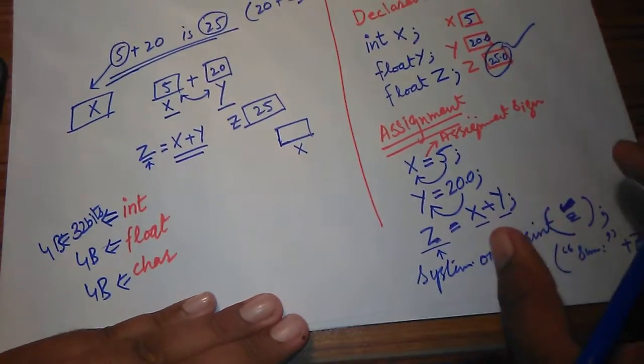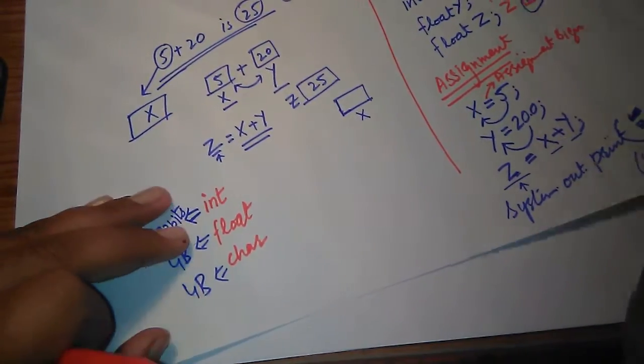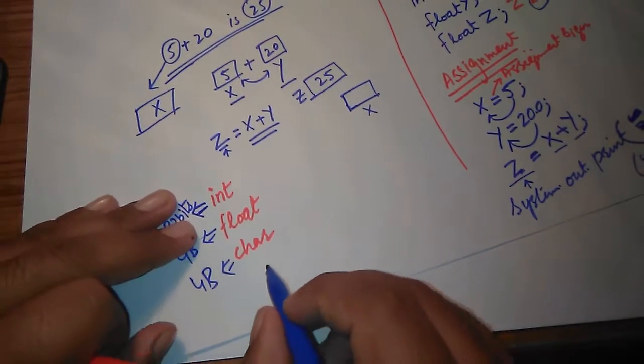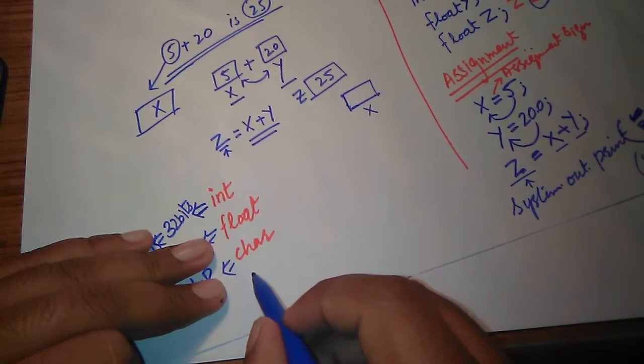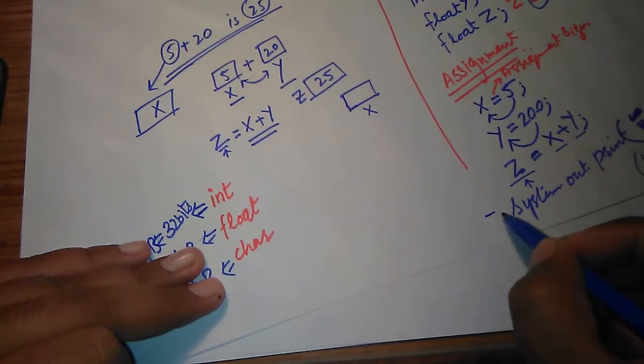Another way to write this can be a proper method, like I'm going to show you here. For example, I'm writing this statement.